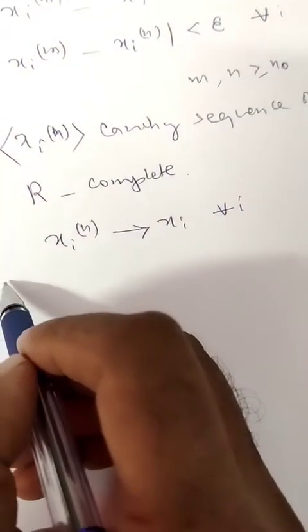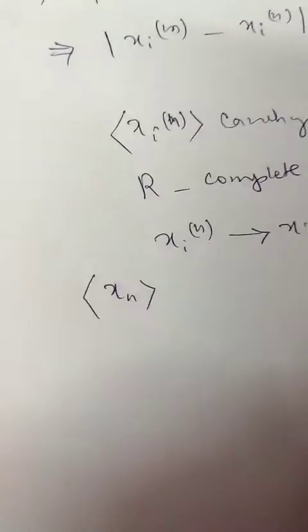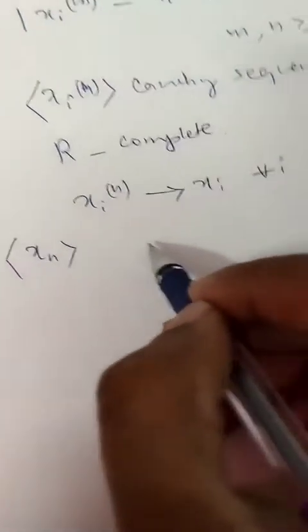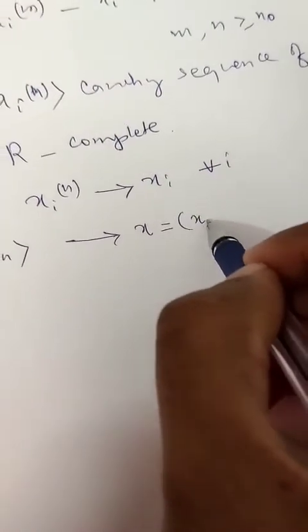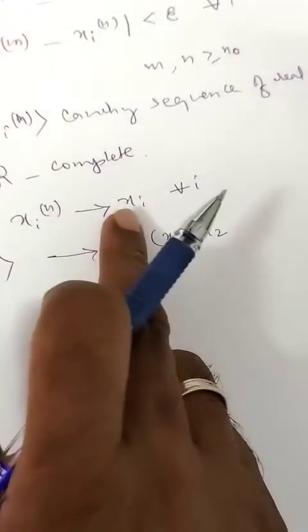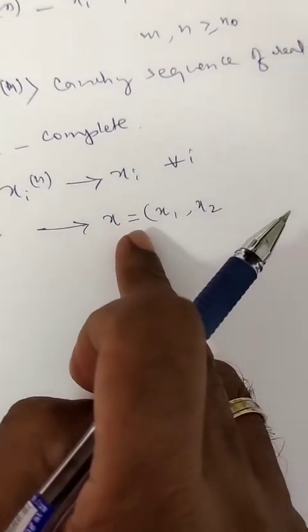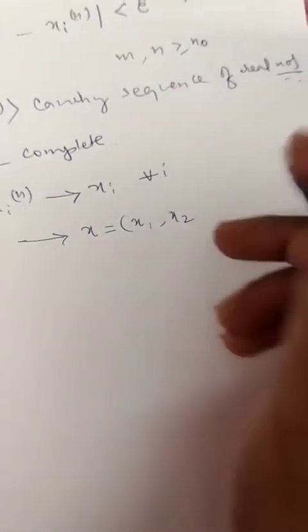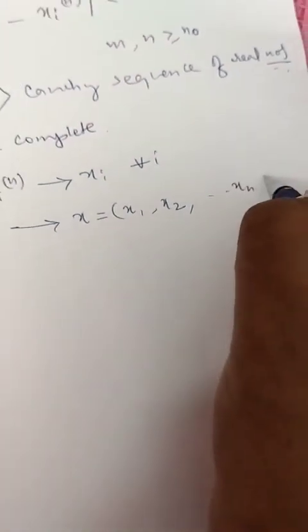We are going to show that the sequence x_n, which we considered in the beginning, converges to the point x, where x is the element containing the n-tuple of converging points x_1, x_2, up to x_n.